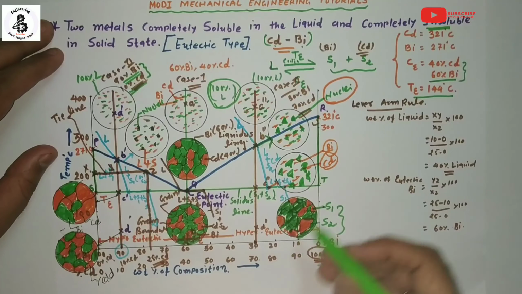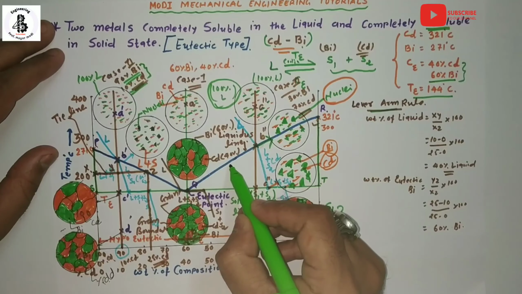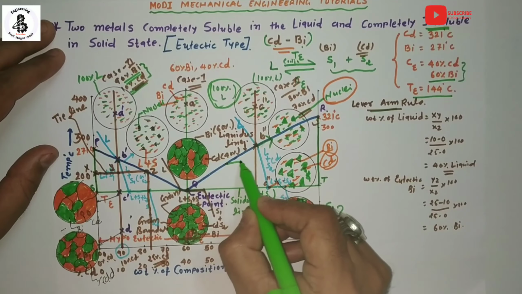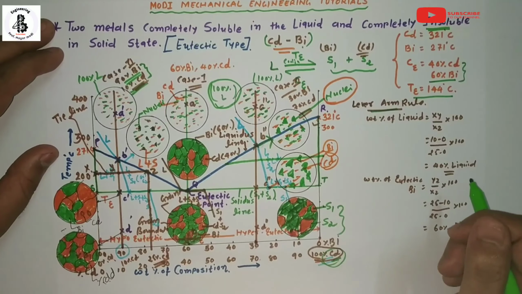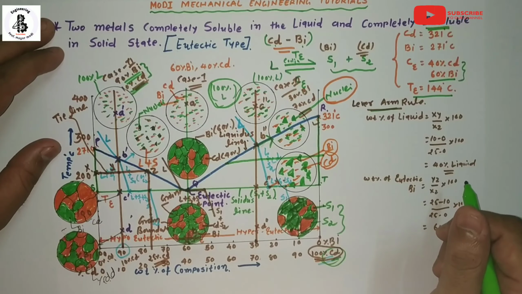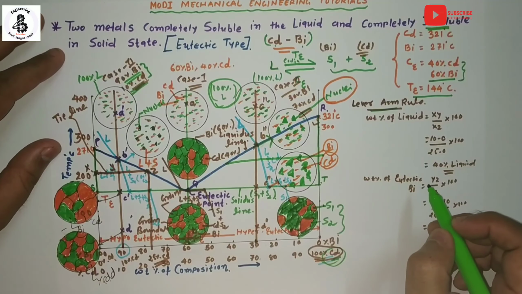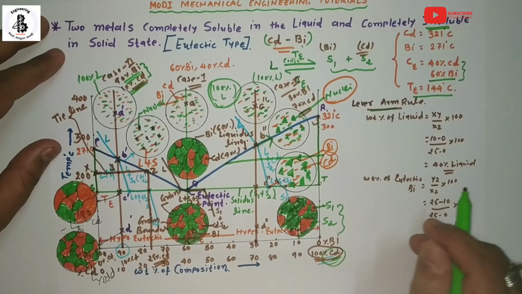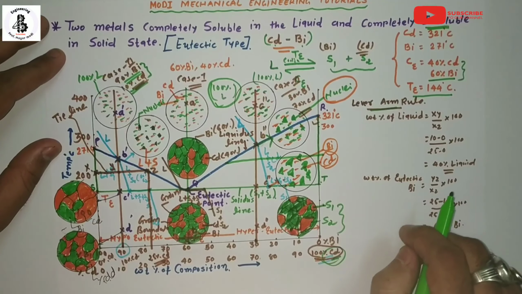Similarly, you should also use the lever arm rule to find the weight percentage at the same temperature. You can make a tie line with these lines. According to the given data, you can easily draw a phase diagram for cadmium and bismuth. So this is all about the phase diagram of eutectic binary metals of cadmium and bismuth.